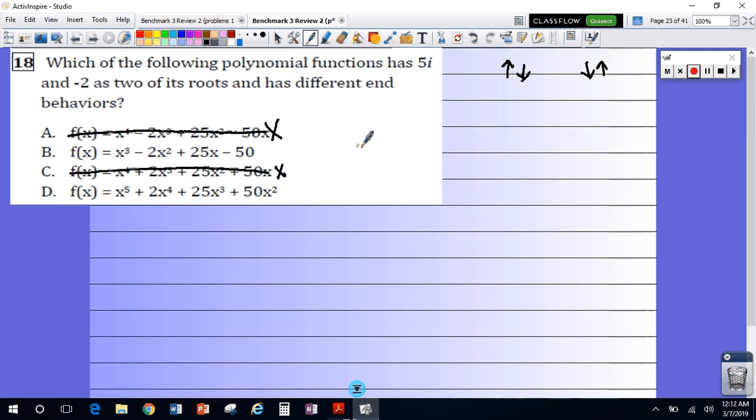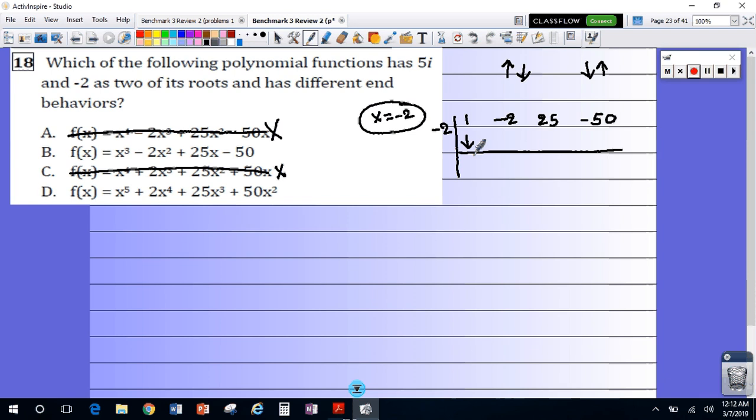So again here, check whether x equals negative 2 is a root for polynomial B or D. So first let me write the coefficients here. 1, negative 2, 25 and negative 50. So x equals negative 2 here, right?